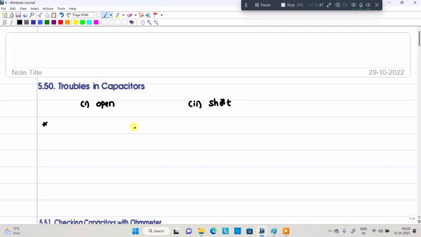So how to identify this open and short circuit? Everything we are discussing in this particular chapter. A good capacitor has a very high dielectric strength.